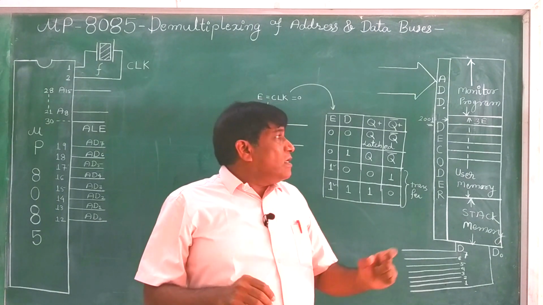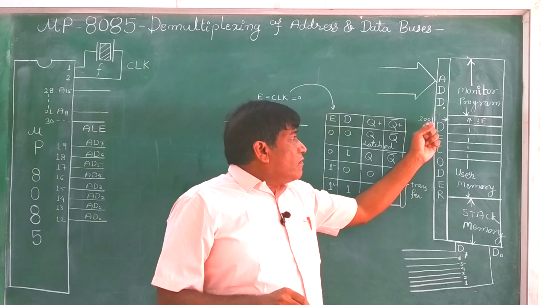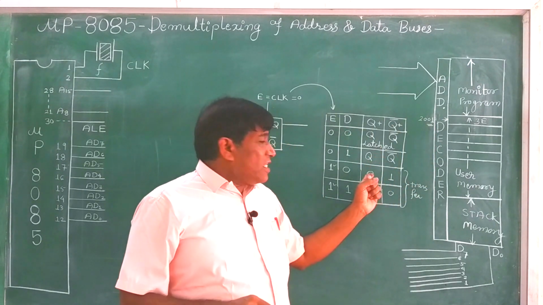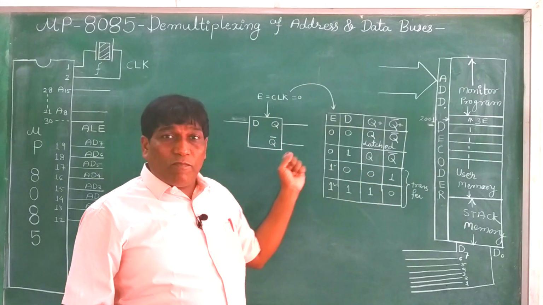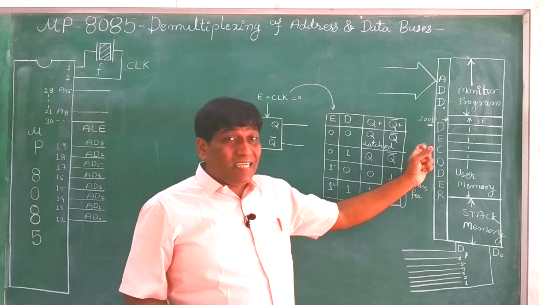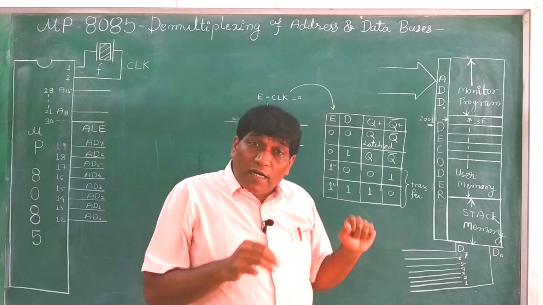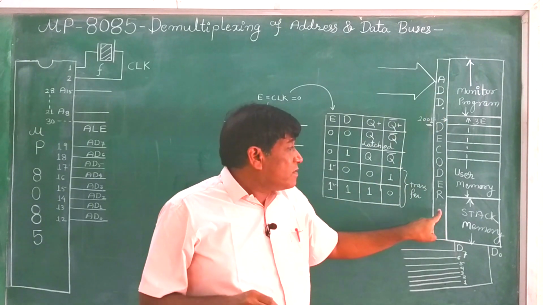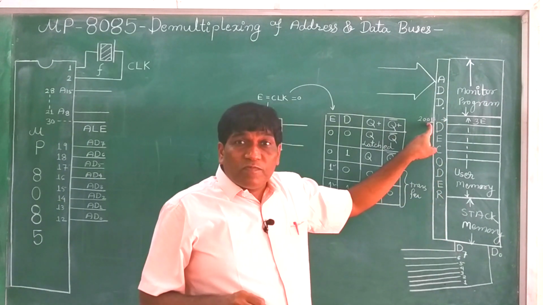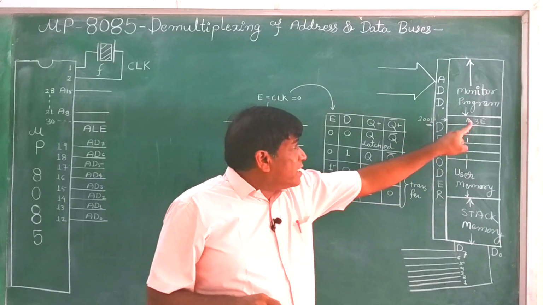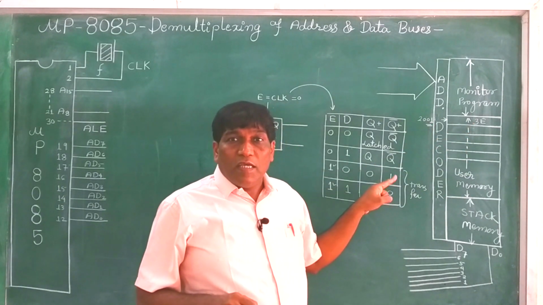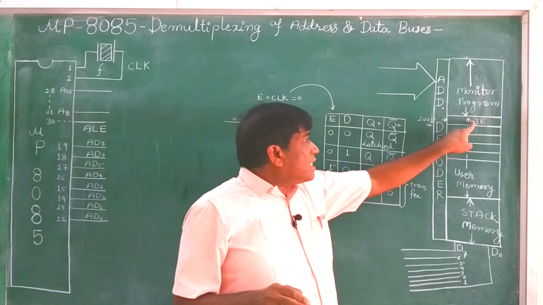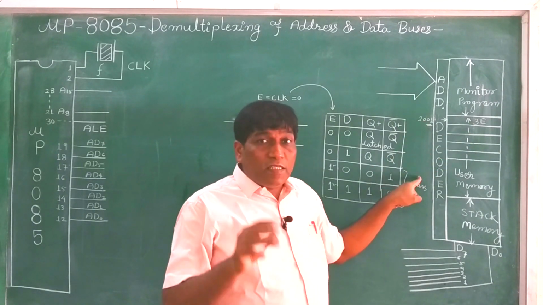If we connect the lower order address bus directly to the address decoder, without this flip-flop, what happens? The address will change depending on the data content. In our case, when the data is loaded, the location will change.